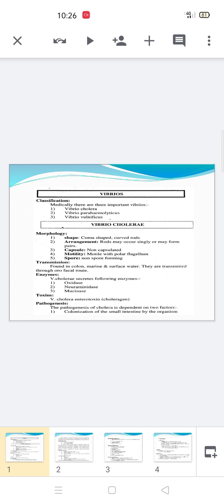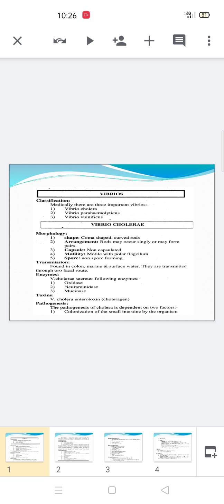As with other toxins, this toxin also has two parts. A is the active part and B is the binding part. The binding part helps attachment to the intestinal epithelial cell, the intestinal wall.